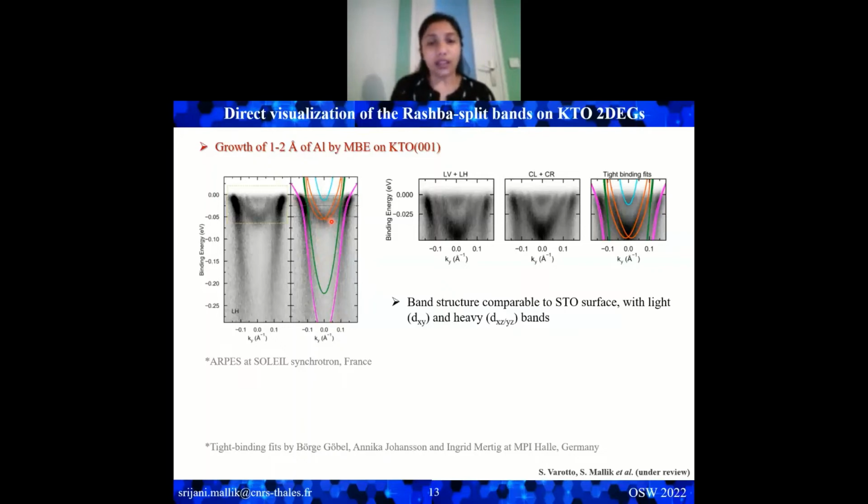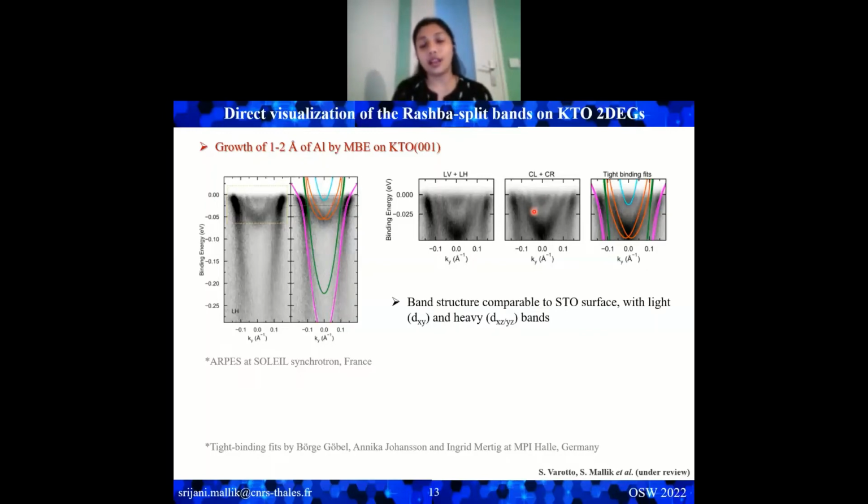And also for the first time for any perovskite materials, it was possible to resolve the Rashba splitting using ARPES. So here you can see this part is the zoom of this full image, where we can see the splitting of 2 bands. These are the Rashba split bands. And of course, to understand this, we needed some theory support.